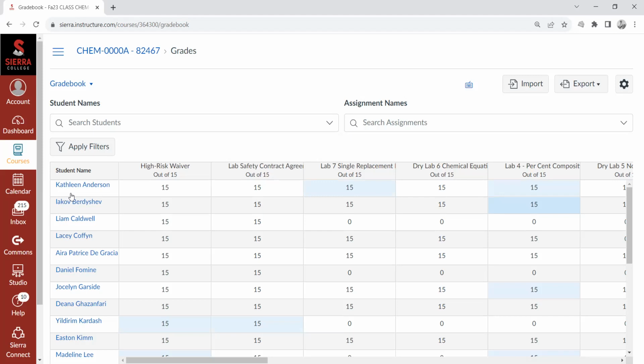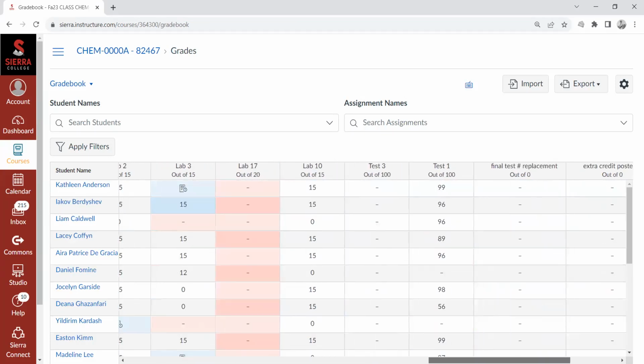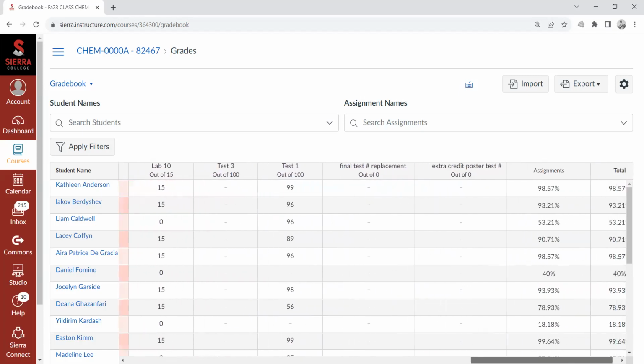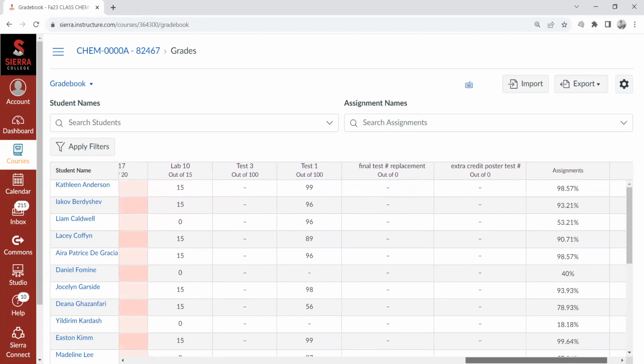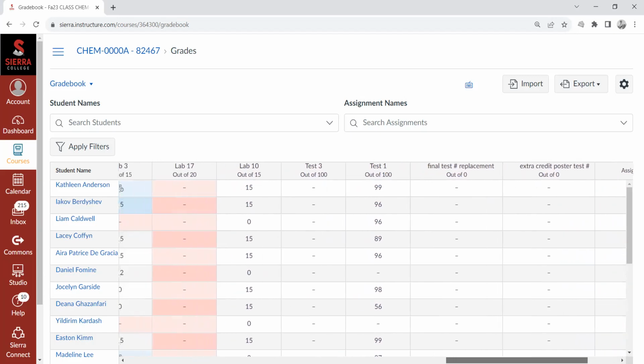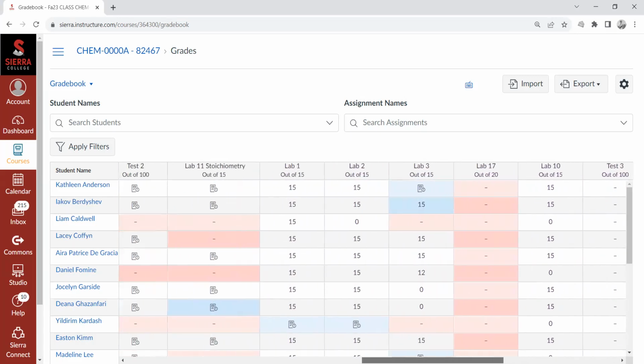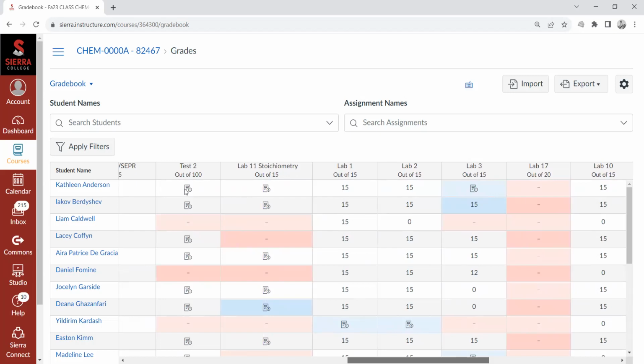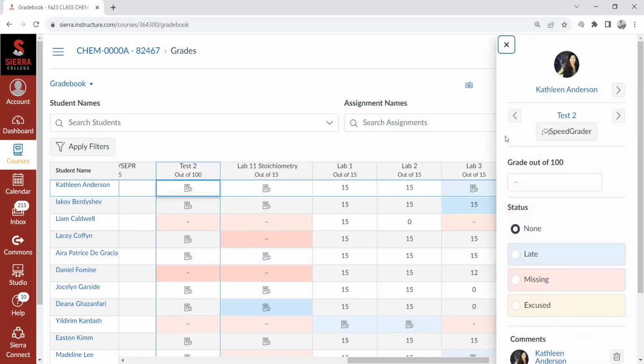The weird thing is, at Sac City, where is it, I think it's further up. There it is. I know, I'm like staring at everyone's score.